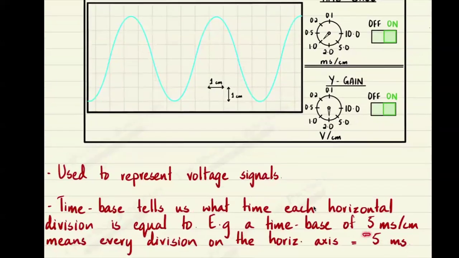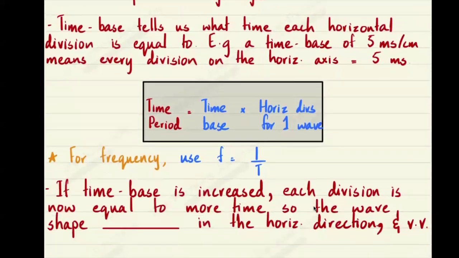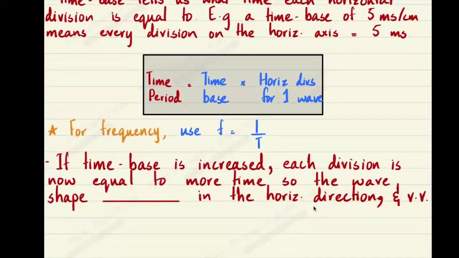So that was according to 5, right? So for example, if it goes from 5 to 10, then I would only need 3 divisions for that entire wave. In that case, the wave would just be like this. So you can see that horizontally it gets compressed. So the wave shape compresses horizontally, and similarly if the time base is decreased, then it would expand horizontally.